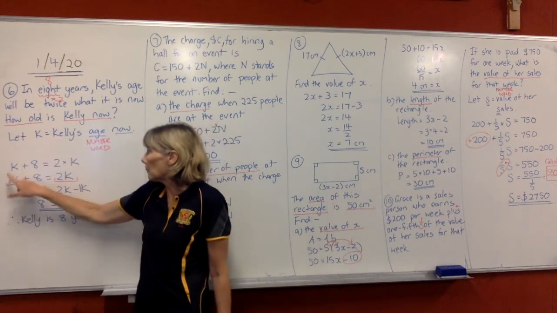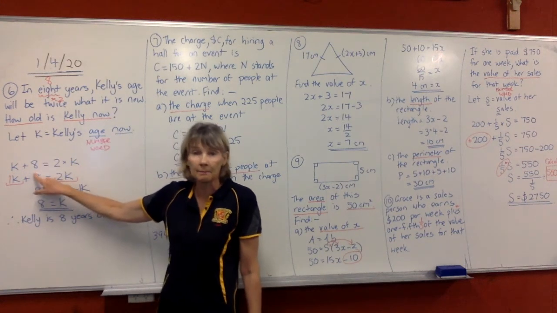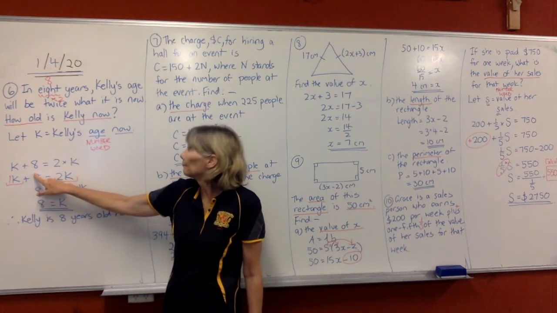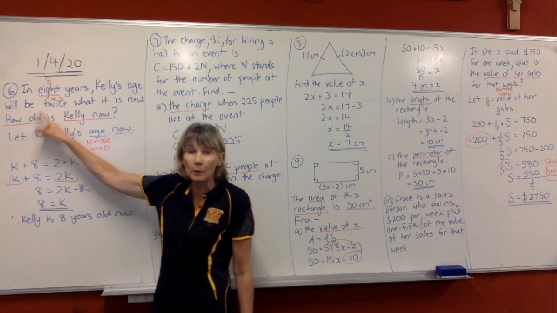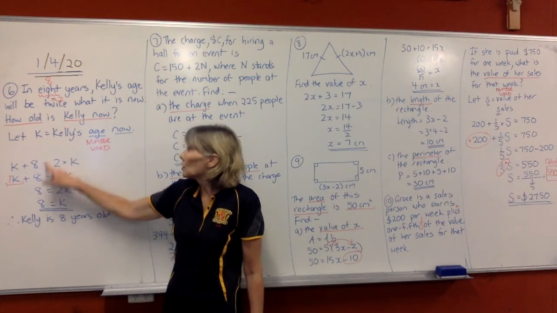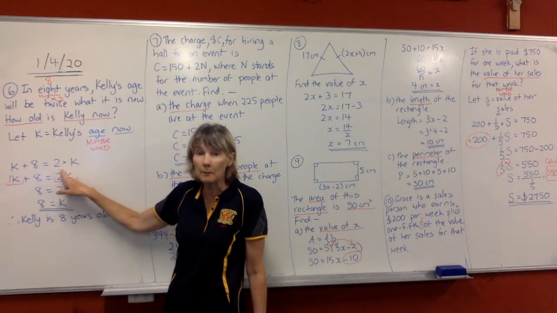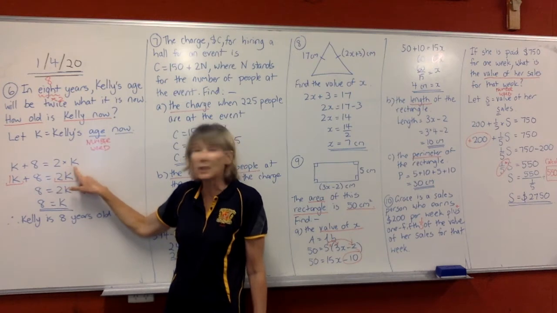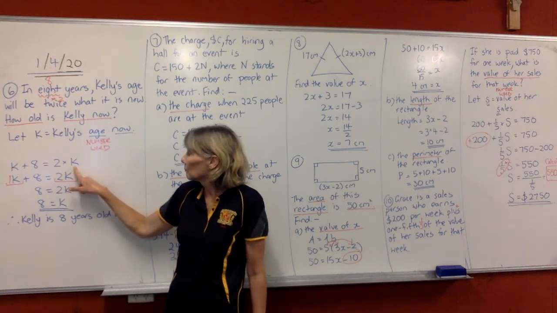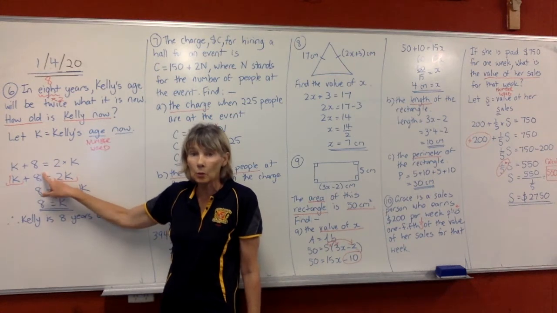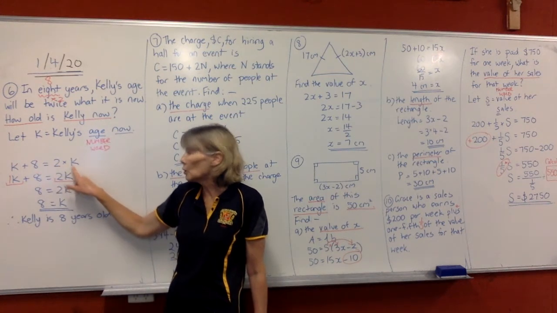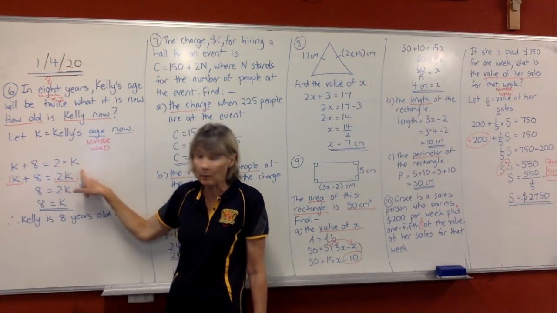So she will be K plus 8 in 8 years' time. Now, in 8 years, Kelly's age will be equal to twice, 2 times, what she is now. Okay, so Kelly in 8 years' time, K plus 8, will equal 2 times what she is now.